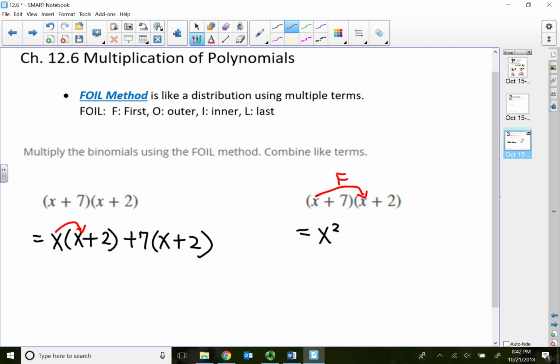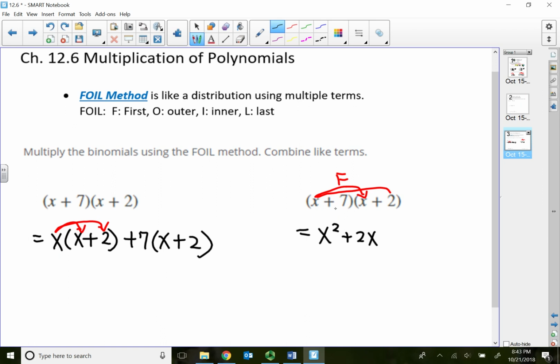The next thing I do is x times the positive 2 in my distribution. This x times the positive 2 is called the outer, the two outside terms multiplied together. So x times positive 2 is positive 2x. All right, that's it for the x doing distribution.